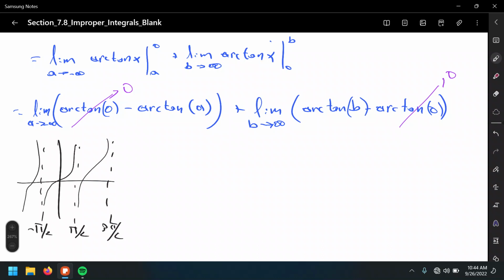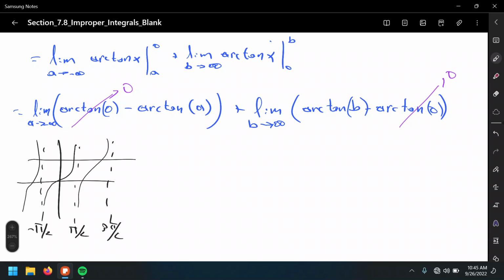The arctan function represents the inverse function of the tangent function. But in order to have an inverse function, we need to make sure that the function is one-to-one. In other words, from the graph, it passes the horizontal line test. That is, a horizontal line must cross only once.